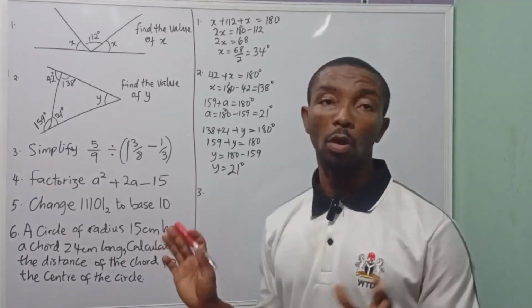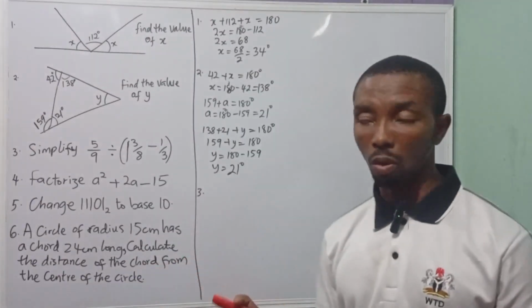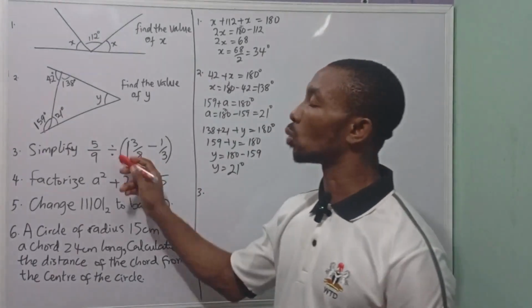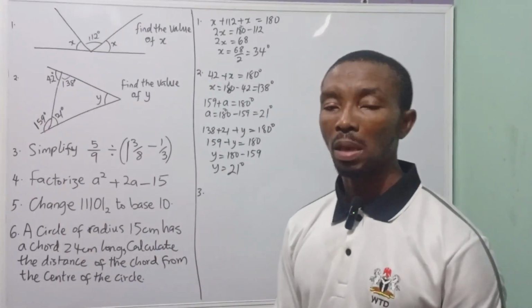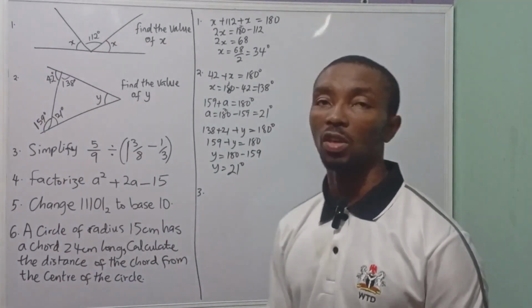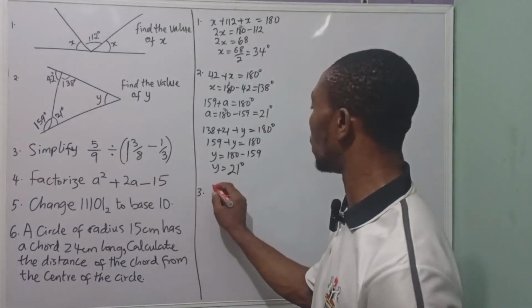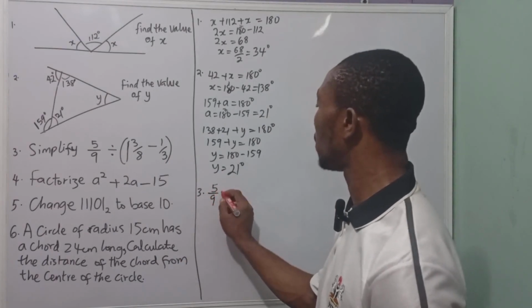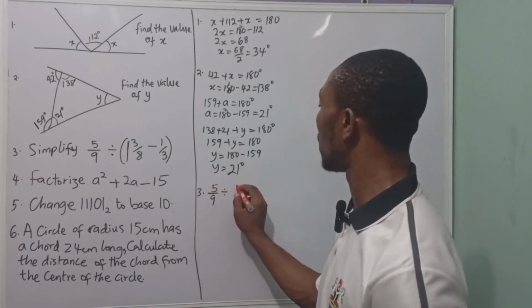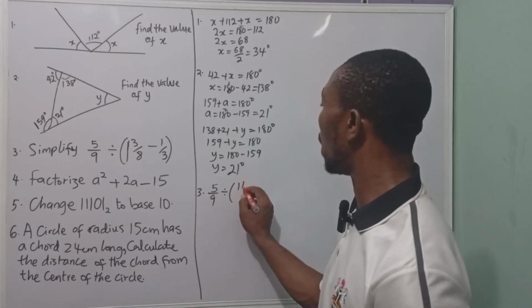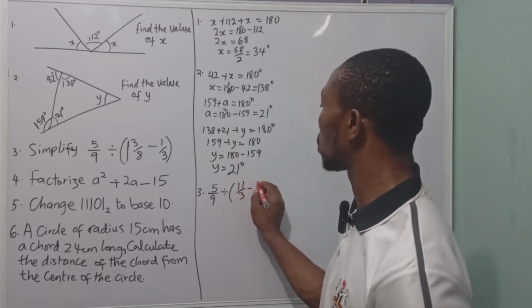That's simply obeying the BODMAS rule. Now 8 times 1 is 8. 8 plus 3 gives us 11 over 8. So we can rewrite this question to be 5 over 9 divided by bracket open 11 over 8 minus 1 over 3.